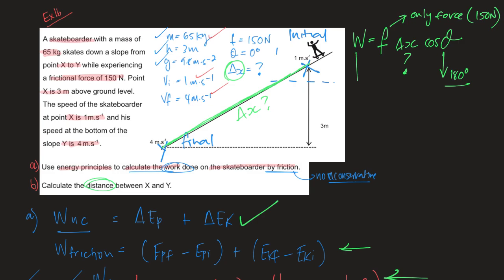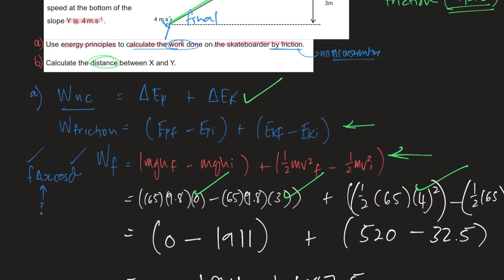And I know the work done by friction, which I calculated in the previous question, is negative 1423.50. So I have that information now, and in my whole equation I only have one unknown.